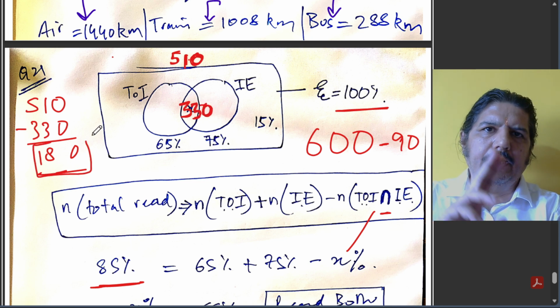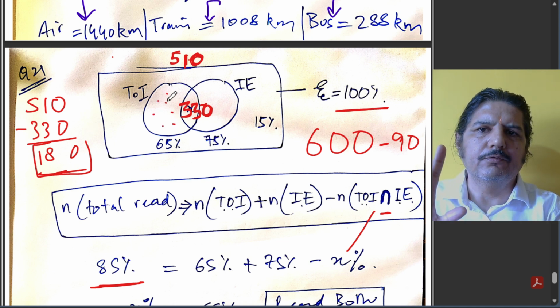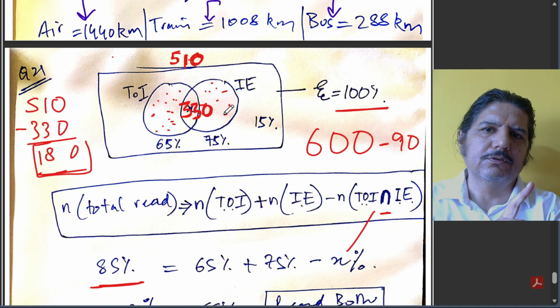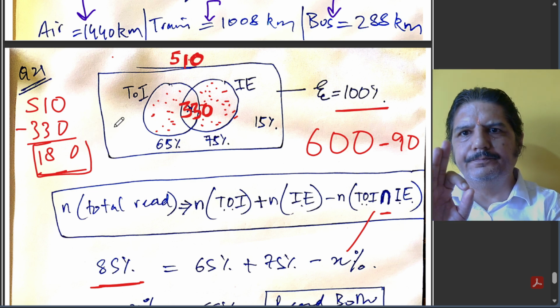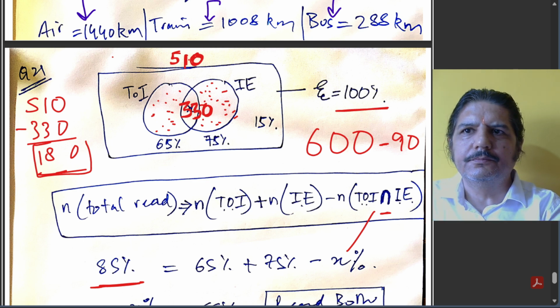These 180 are the readers who read either Times of India or Indian Express. These 180 people, they just read one newspaper. 330 read both the newspapers.